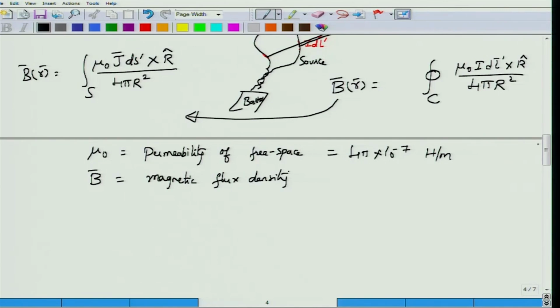Just like the vector D is electric flux density and tells you how many flux lines are coming out per surface area, here you have magnetic flux density indicating how many magnetic field lines would come out in a given surface area. So, this magnetic flux density is also measured in some units, and we will discuss that here.